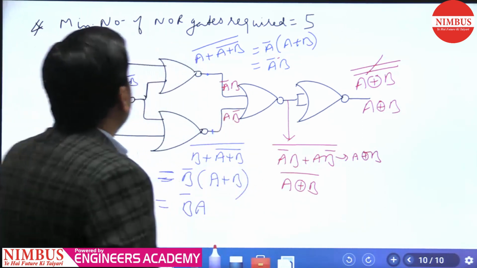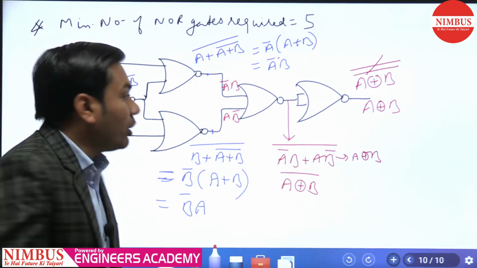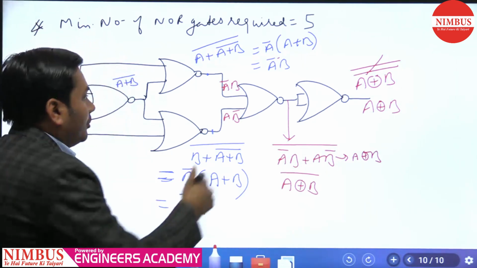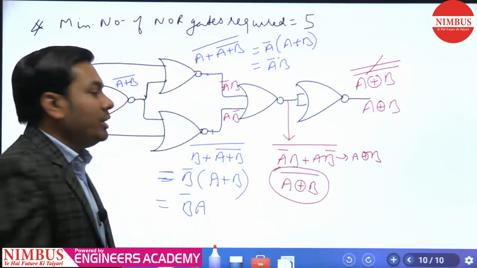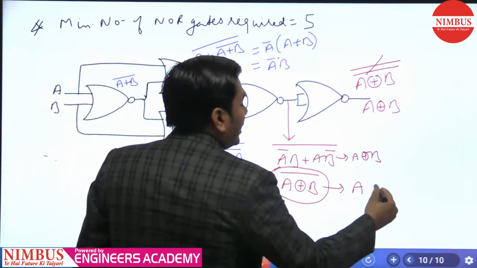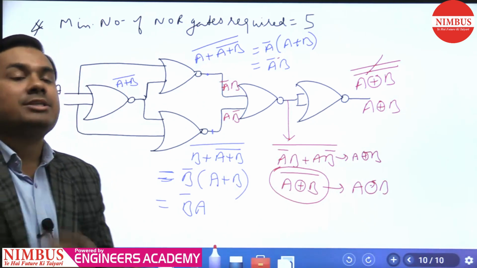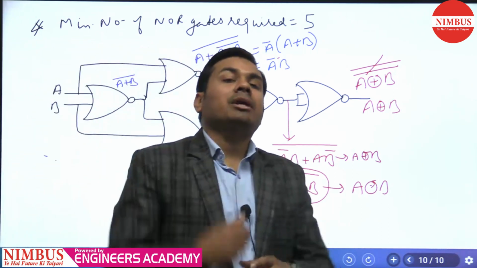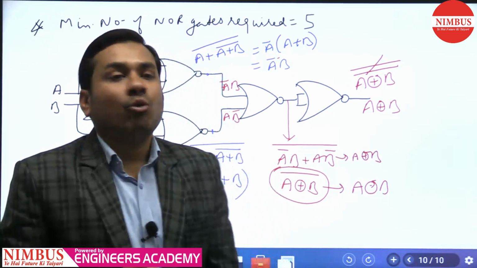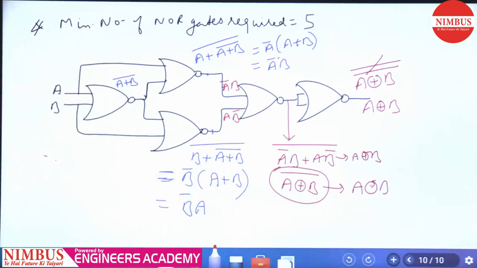But if we are talking about the XNOR, the minimum number of NOR gates required will be 4, because at this place we are having the complement of A XOR B, that is A XNOR B. So when we are covering the minimum number of NOR gates for the XNOR gate, our answer will be 4 directly according to this circuit, right?